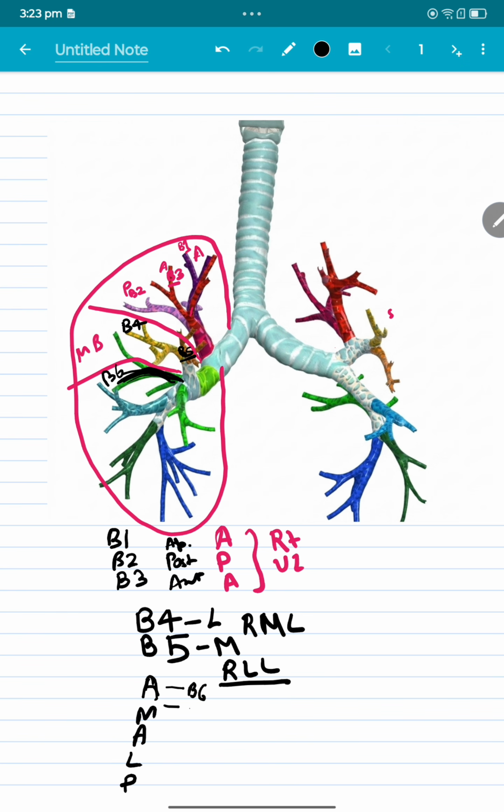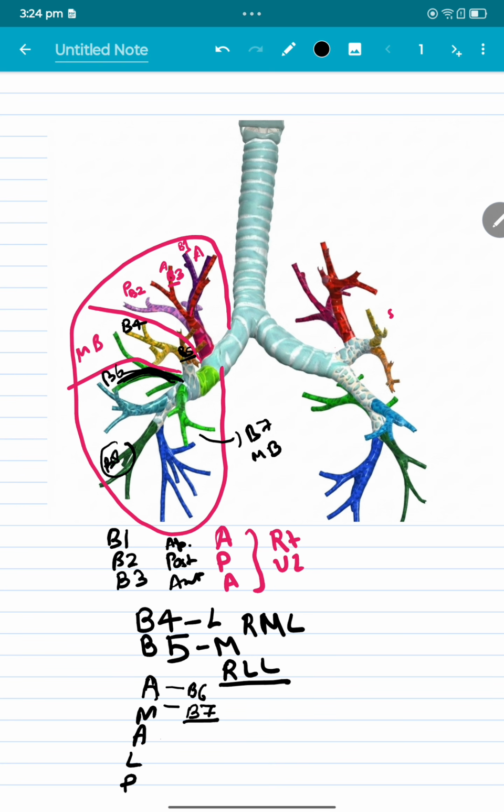Then we have B7, which is medial basal. Then we have the anterior segment, B8, the anterior basal.